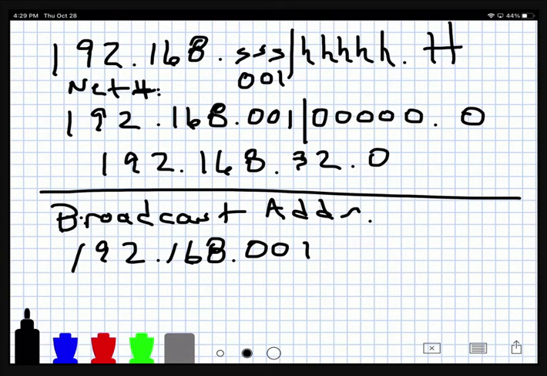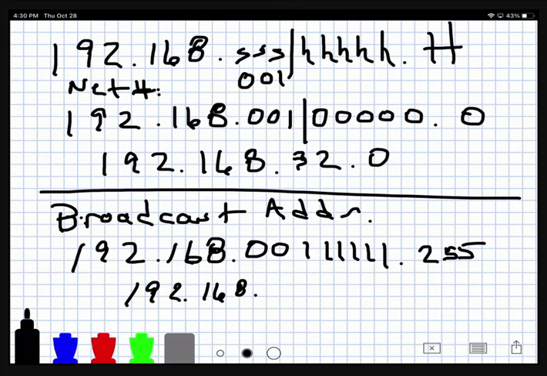Now, how do we find the broadcast address? We find that by setting all the host bits to 1. So that would be 1, 2, 3, 4, 5, dot, and then we know an octet of all ones is going to be 255. So what we need to do is convert that third octet to decimal. So the answer would be 192.168.63.255.